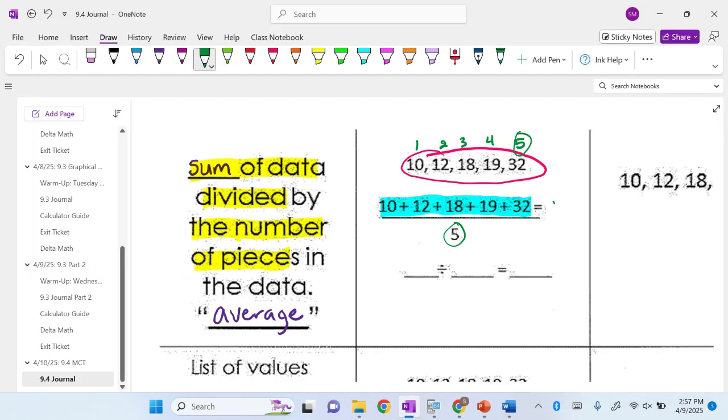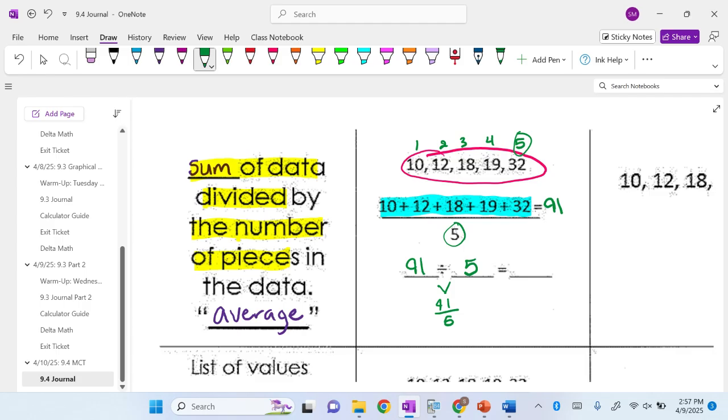So I'm going to put 91 right here. And then I'm left with 91 divided by 5, or what we're more used to, 91 over 5. Now, that one you may have to put straight into your calculator because, of course, 5 does not go into 91. 91 is not divisible by 5.